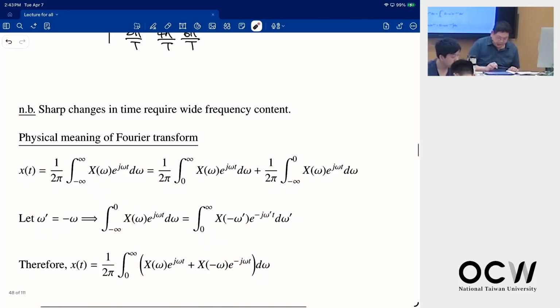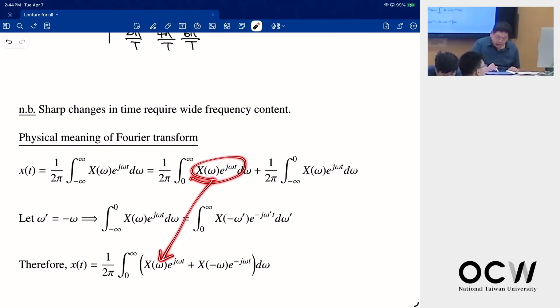Then your signal is now two integrals. They are all from 0 to infinity, and we all have 1 over 2 pi. So we take the factor 1 over 2 pi outside, integrating from 0 to infinity, the first term plus the second term.